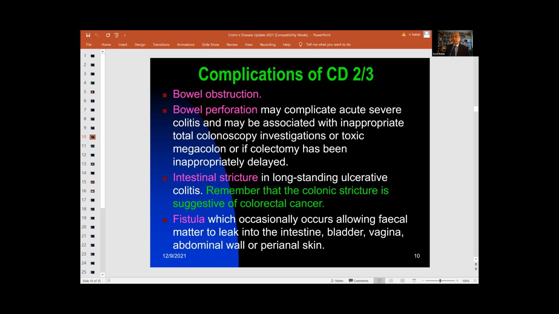Equally, if the endoscopy hasn't been done and the diagnosis has been inappropriately delayed and treatment has not begun, then there would be a greater chance of bowel perforation in Crohn's disease as well. Fistulae will cause their own individual visceral complications, as we have just discussed.